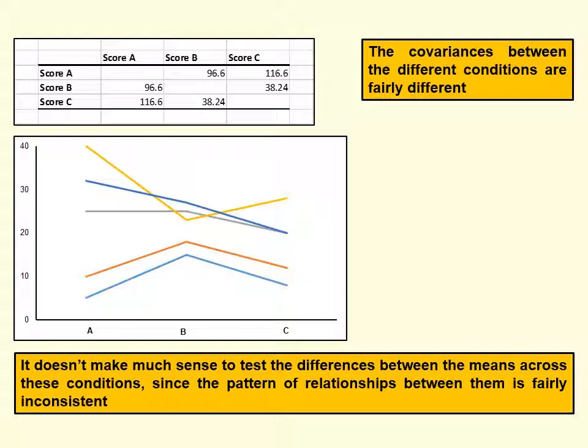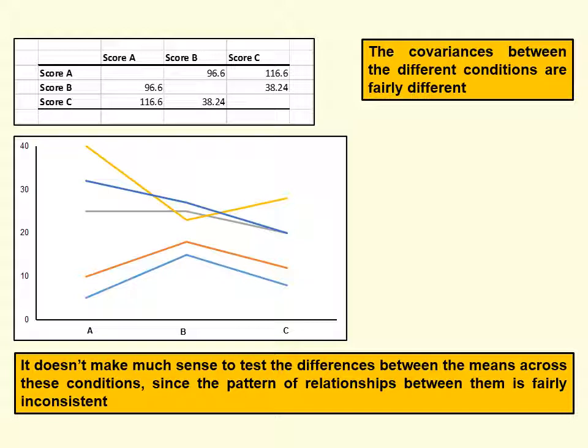What we're seeing here, if we look very closely, is that there's a fairly high correlation between condition A and condition C, which is to say, generally speaking, your scores are declining between condition A and condition C. The correlation or the covariation between condition B and condition C is less clear. For some people their scores are going up, and for some people their scores are going down.